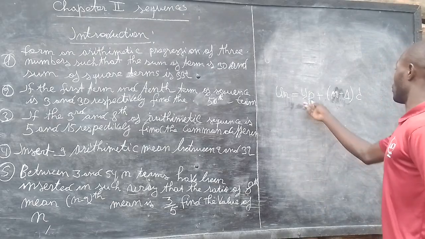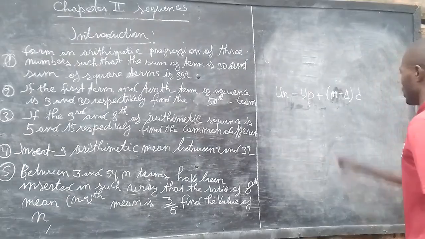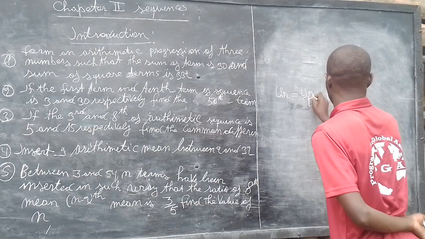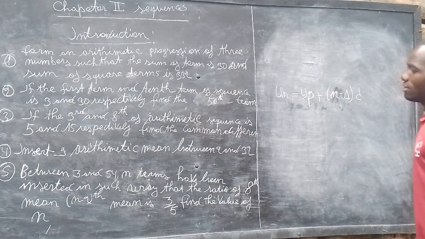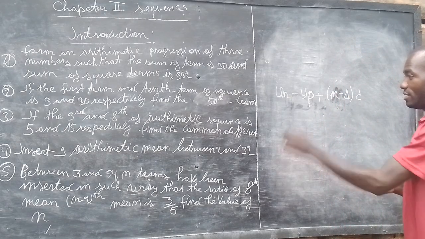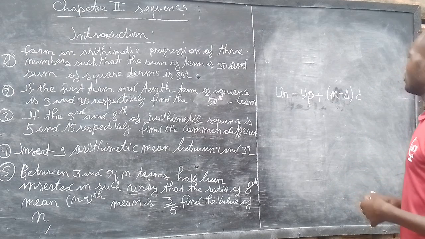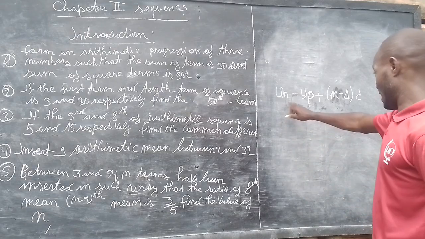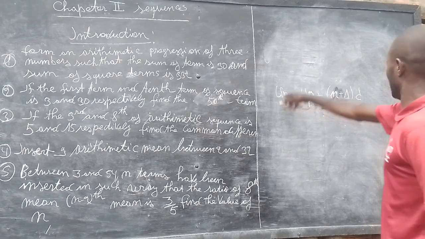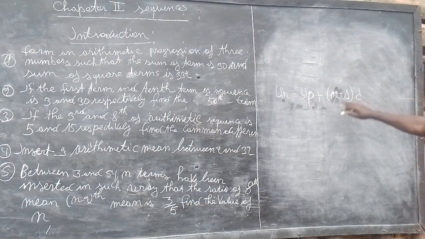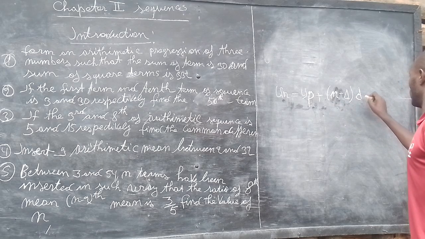This is the formula when you have equations that look like this. It is very simple. Here this is the initial term, this is the final term, this is the term number, and this is the common difference, which is what we are asked to find.